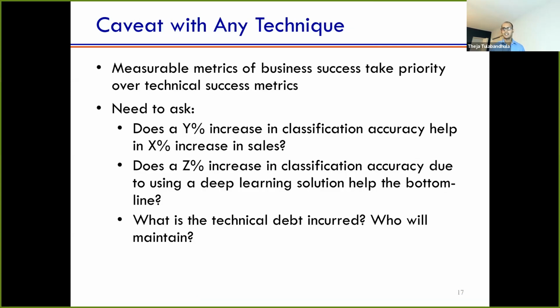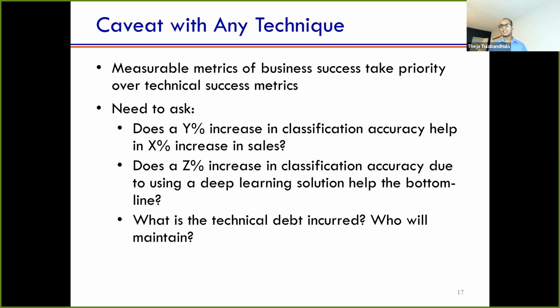Yeah, so any questions? So I guess again, quickly a caveat similar to the 20,000 feet view: you really want to ask whether an x% or y% increase in classification accuracy, or in regression accuracy, is going to help with sales or revenue or whatever is the business goal. Because if not, then you may be prematurely optimizing for something which is not the most important thing for your business or for your product or for your team right now.